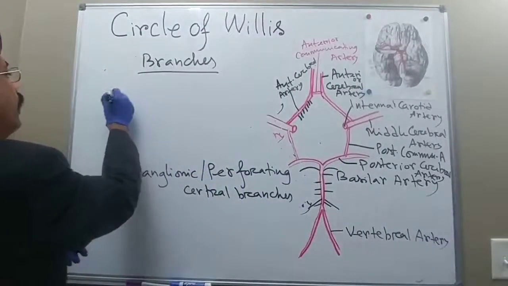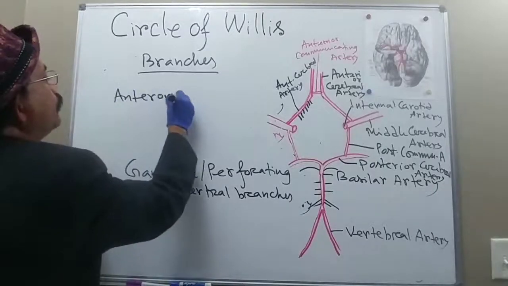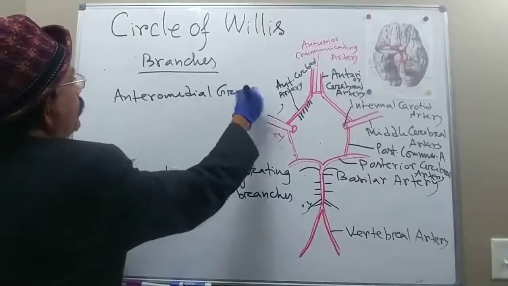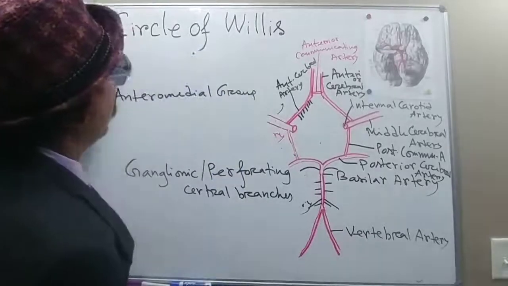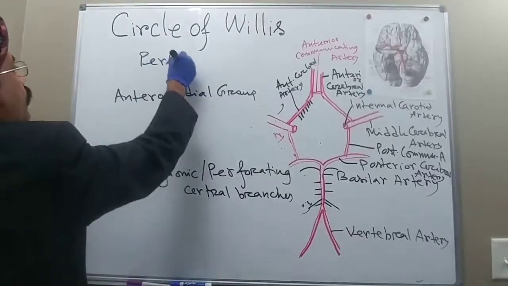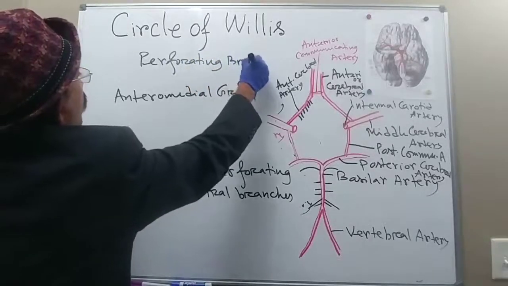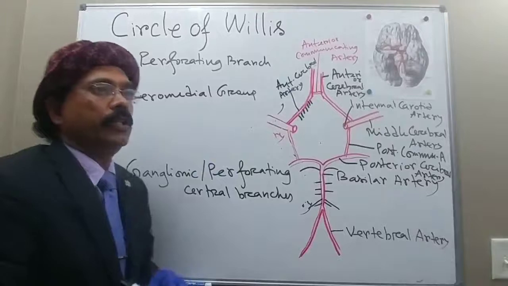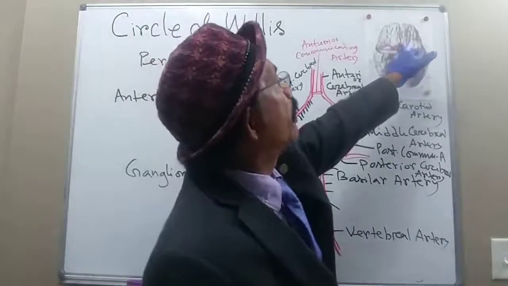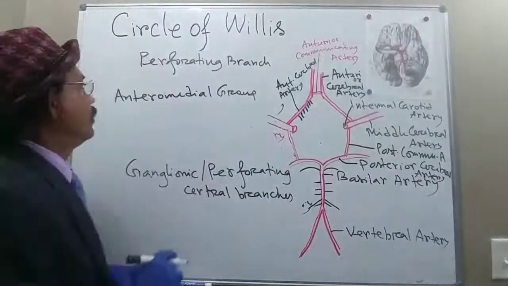So the anteromedial group of the perforating branches, you can call it perforating branches. They will supply the optic chiasm, and part of the hypothalamus here. Okay, optic chiasm, part of hypothalamus.